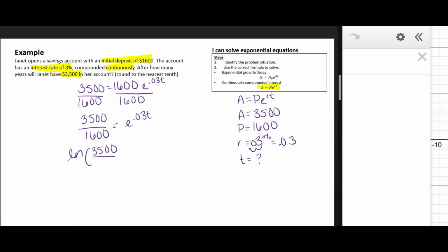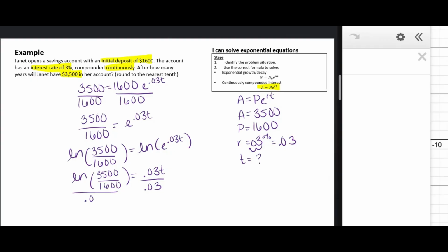So we have the natural log of 3,500 over 1600, and that is equal to the natural log of e to the 0.03t. And then here, the natural log and e to the 0.03t are inverse operations. So that's just going to end up being 0.03t. And now we can divide both sides by 0.03 in order to isolate t.